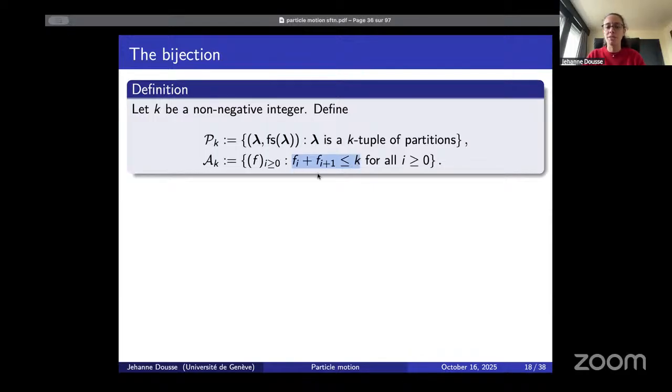So f_{i+1} is at most k for all i. But here we don't have any condition on the number of appearances of the part 1, like in Andrews-Gordon. And also, another small difference: we still have parts 0, which we did not have in Andrews-Gordon. But don't worry, at the end of the proof the parts 0 will be useful exactly as we want, and we will get exactly the partitions of Andrews-Gordon.